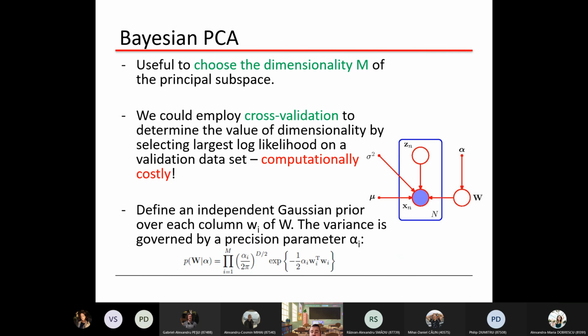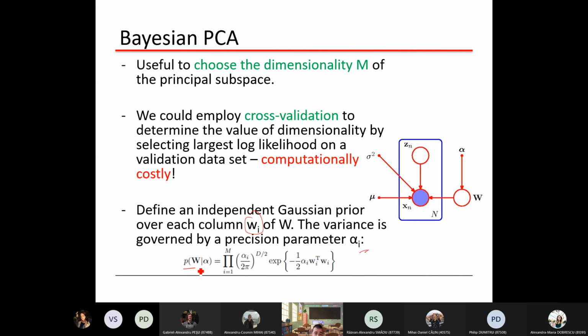The Bayesian treatment of PCA is useful to automatically identify the dimensionality M, and it comes by not considering W fixed, but considering that there are some parameters alpha that govern the value of W. There is a different way to identify the value of M by employing cross-validation, but this is very costly from the computational point of view, and inefficient, and therefore it's easier to derive the value of M through Bayesian PCA, which again considers a Gaussian prior over the columns Wi, and the variance is governed by this precision parameter alpha i.